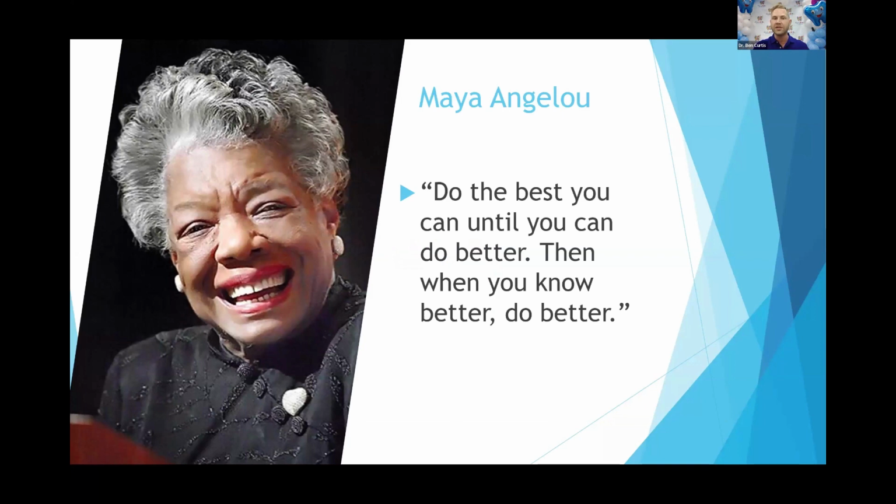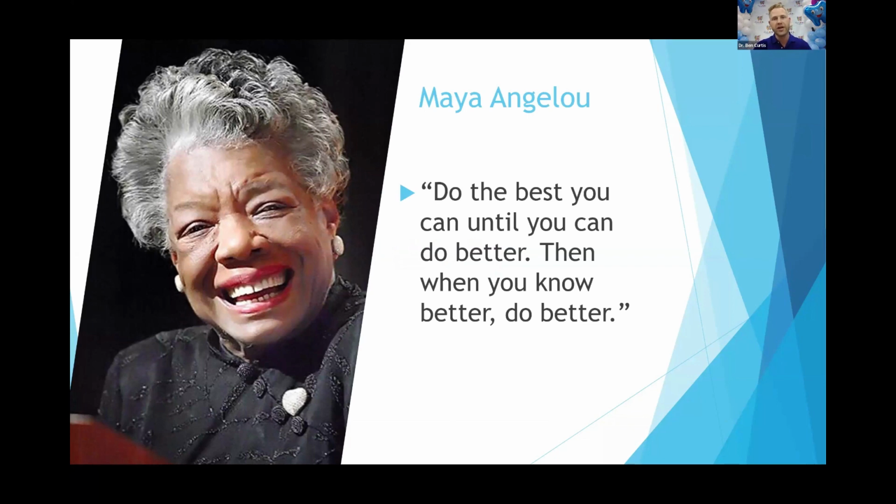Let's dive a little bit into history for infants. We've breastfed babies for all of civilization. For all of mankind, babies have been breastfed up until recent years. When I think about frenectomies, I think about Maya Angelou, and this is one of my favorite quotes: "You do the best you can until you can do better, and when you know better, do better."